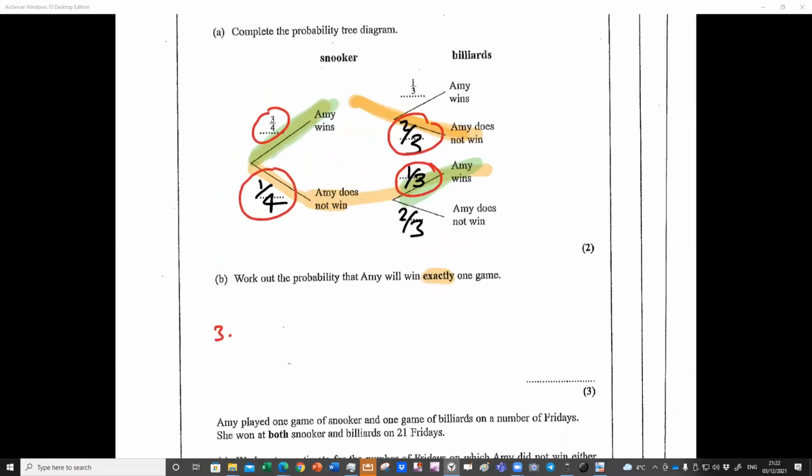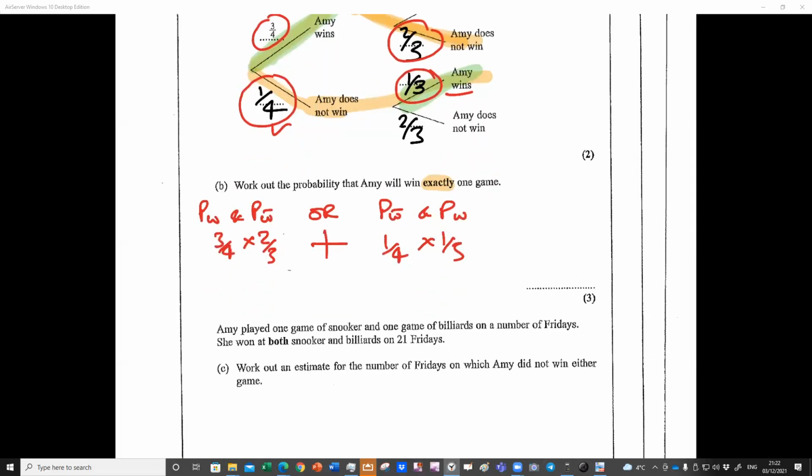So we're going to do 3 over 4 times by 2 over 3, which is the probability of win and probability of not win, or the probability of not win and the probability that she will win. In those, you've only got one chance of winning. Okay, the 'or' means plus. So a quarter times by a third, the bottom of the path. So what's the answer for this one? 3/4 times by 2/3 will give us what?